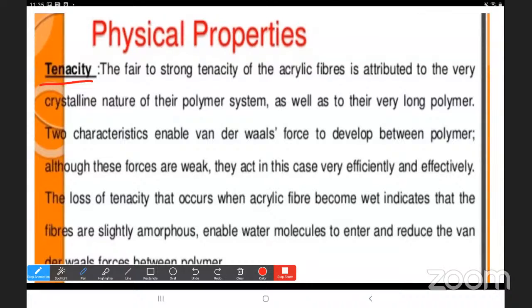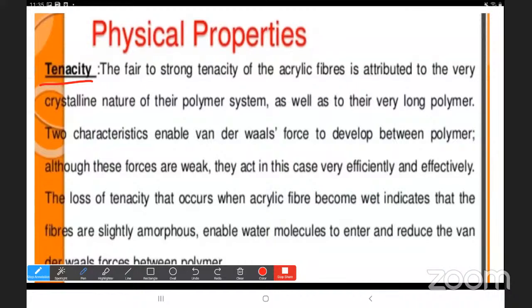So although these forces are weak, we know van der Waals forces are very weak forces between one molecule and another molecule, so the attraction will be very less. That's why we can say that these van der Waals forces are very weak.